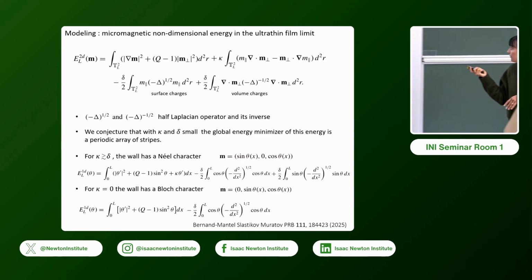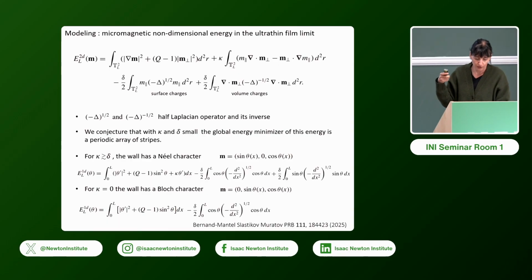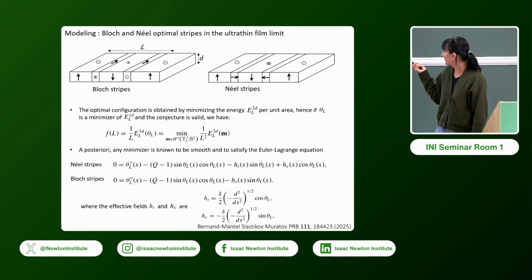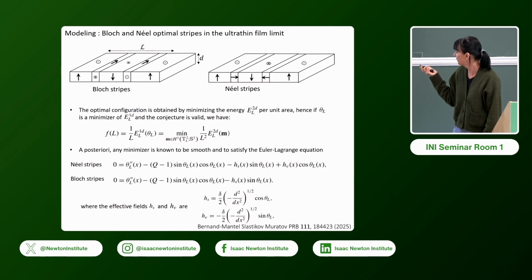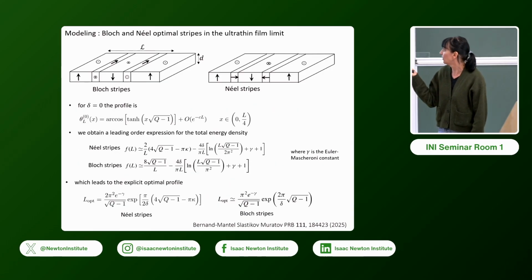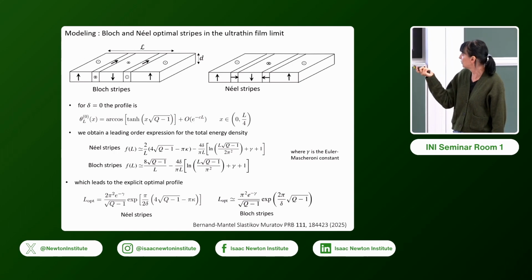Okay, so from that we work again in these two regimes where we have a Néel wall and a Bloch wall, and we are going to obtain these two Euler-Lagrange equations, and we are using the profile, which for delta equals 0 is this.